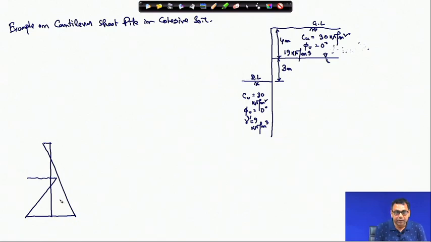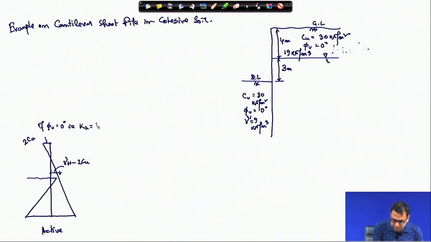So, the right hand side value should be more, but I am writing this is Cu, this is the active earth pressure, and I am writing this is 2 Cu, and this one is gamma h minus 2 Cu. This diagram is valid if phi u is equal to 0, that is K A equal to K P equal to 1.